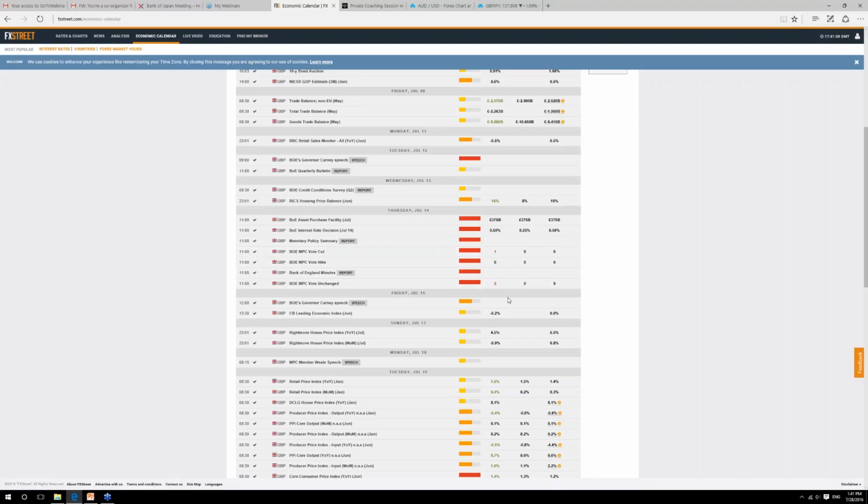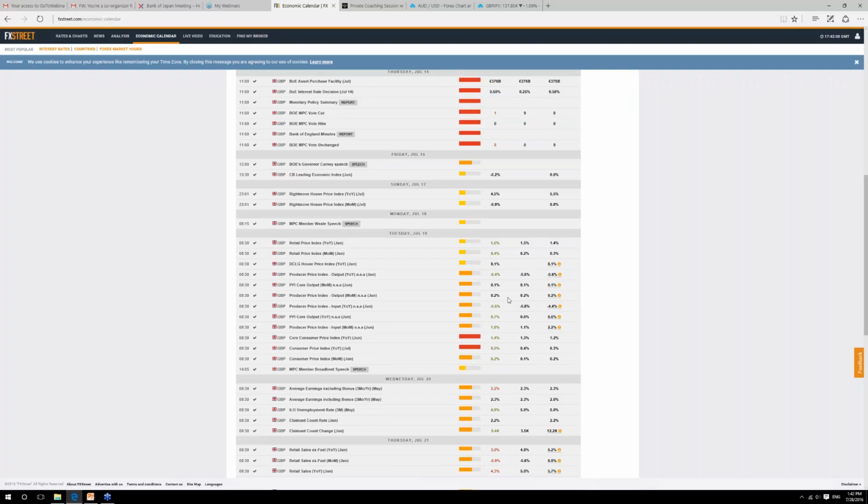So they're trying their best, after the vote, to bring back some sort of confidence and moderation in their markets. They had a bunch of data in green, including their core consumer price index for June and the annual one for July.